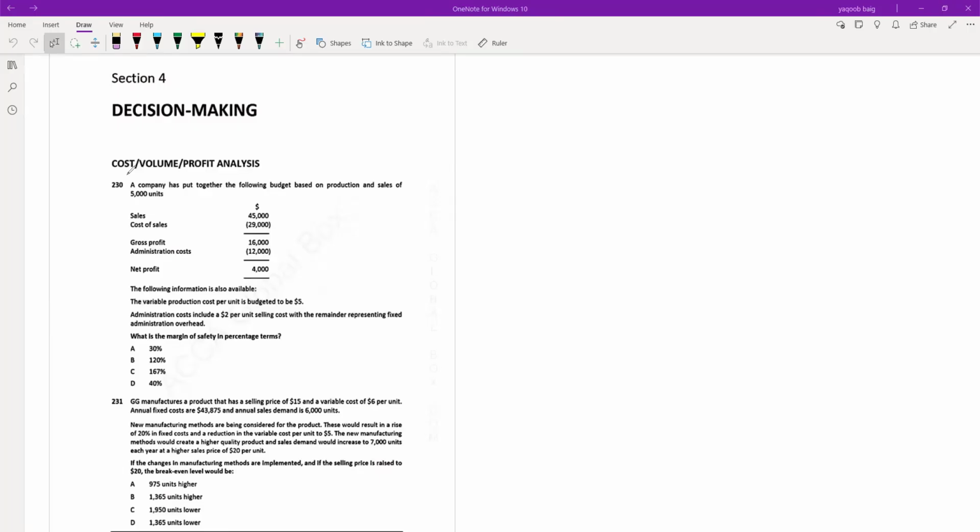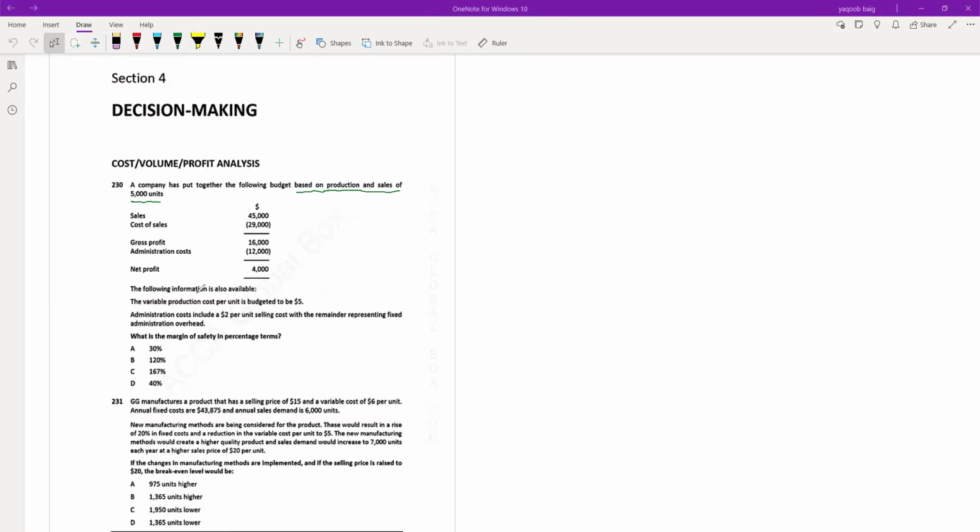Now we are continuing with CVP analysis MCQs. A company has put together the following budget based on production and sales of 5,000 units: sales 45,000, cost of sales 29,000, administration cost 12,000, and net profit is 4,000.